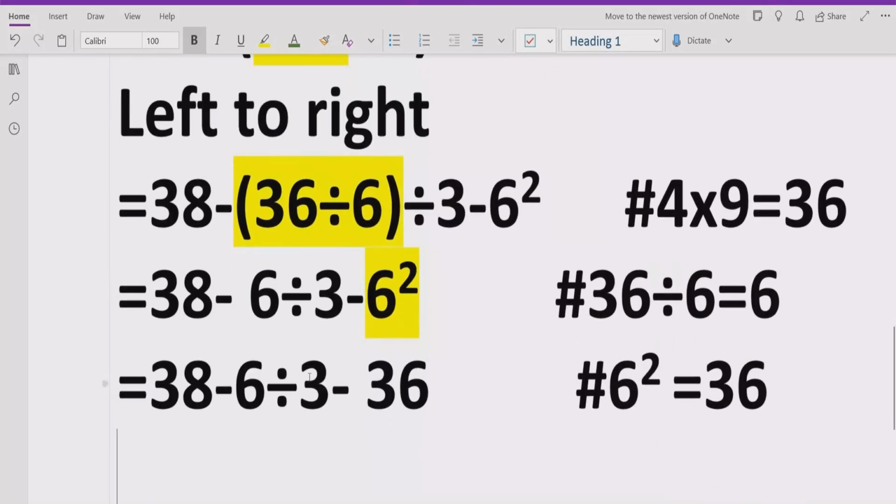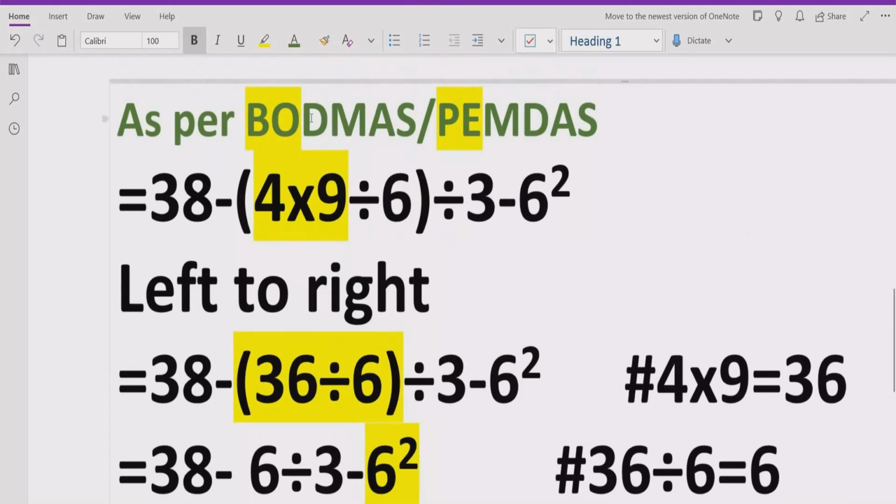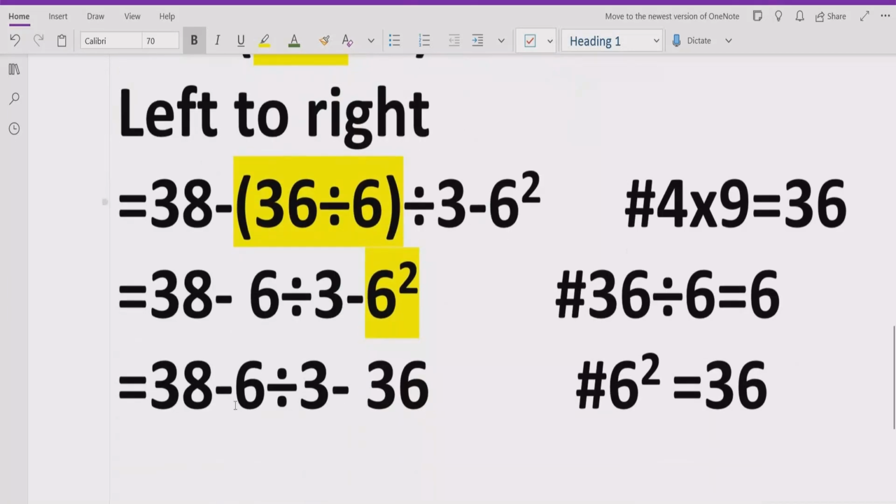Now we have solved the exponent part as well. So now we have to go for solving division and multiplication, or you can say multiplication and division. So we have 38 minus 6 divided by 3 equals 2, minus 36.